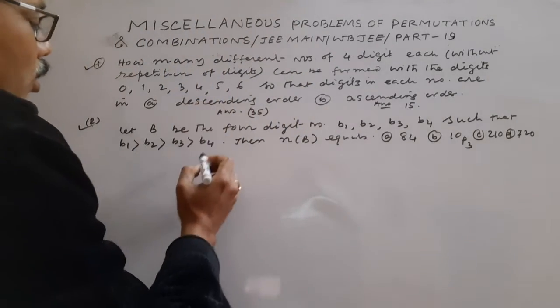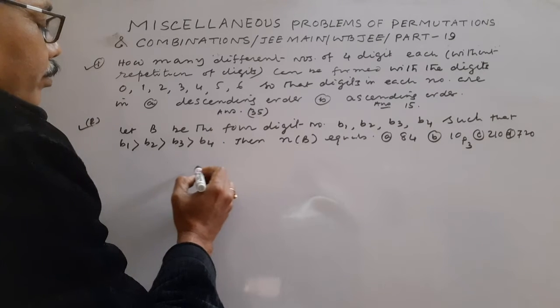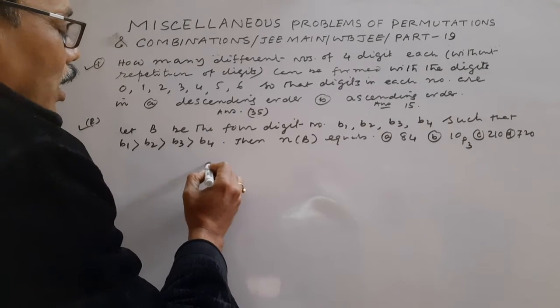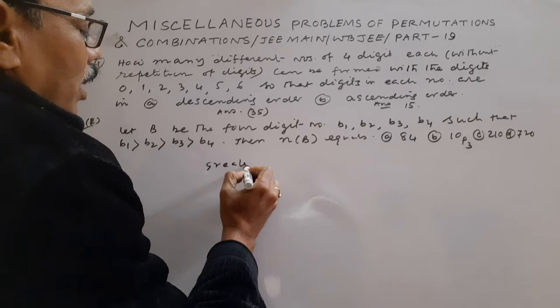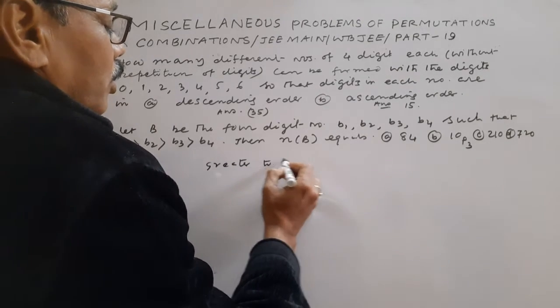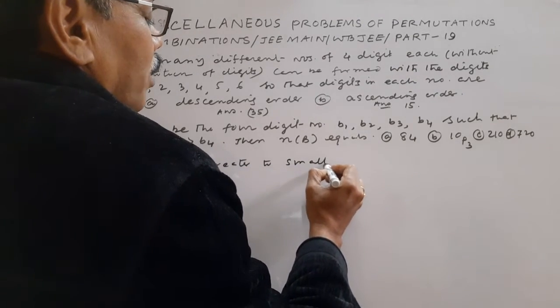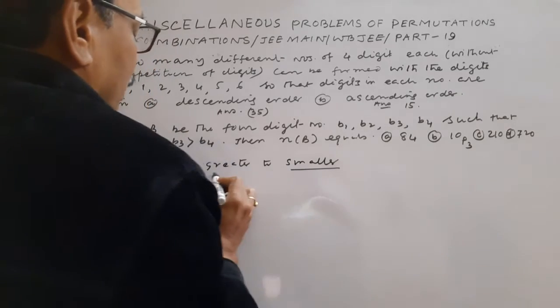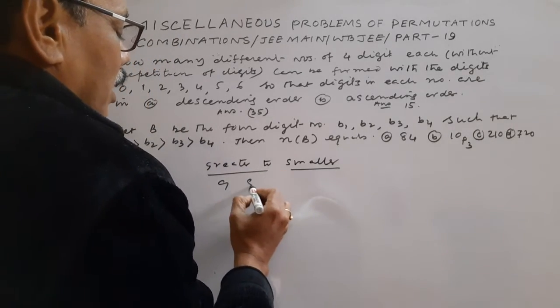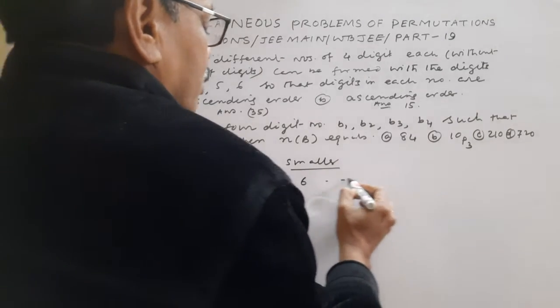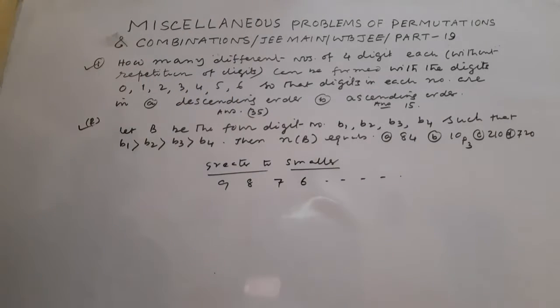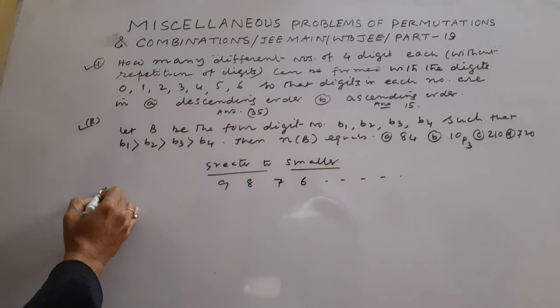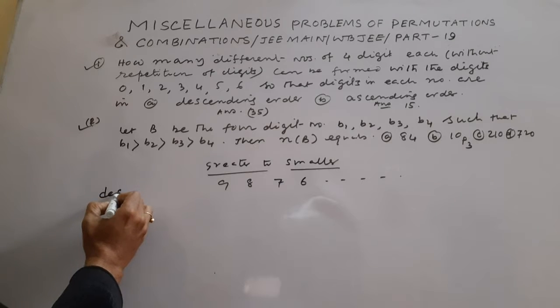So descending order means greater to smaller, for example 9, 8, 7, 6. This is descending, the greatest number at the beginning.